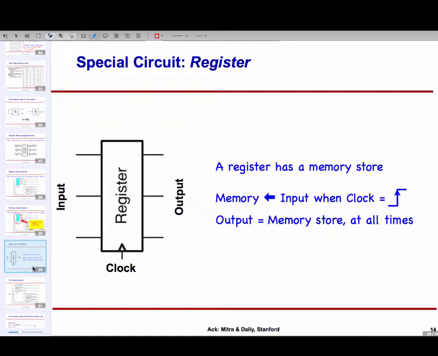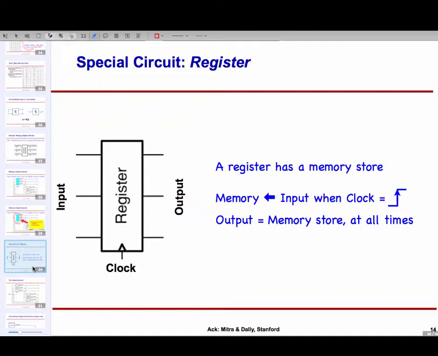So when you hear that a PC has a 5 gigahertz clock, that means I have a signal which is going up and down at a frequency of 5 gigahertz. So every 200 picoseconds, the signal flips, changes state from 0 to 1. So this register has the special property, very similar to what that box had, which is every time a clock tick happens, so every time the clock signal, let's say, goes from 0 to 1, it is going to copy the input into the register.